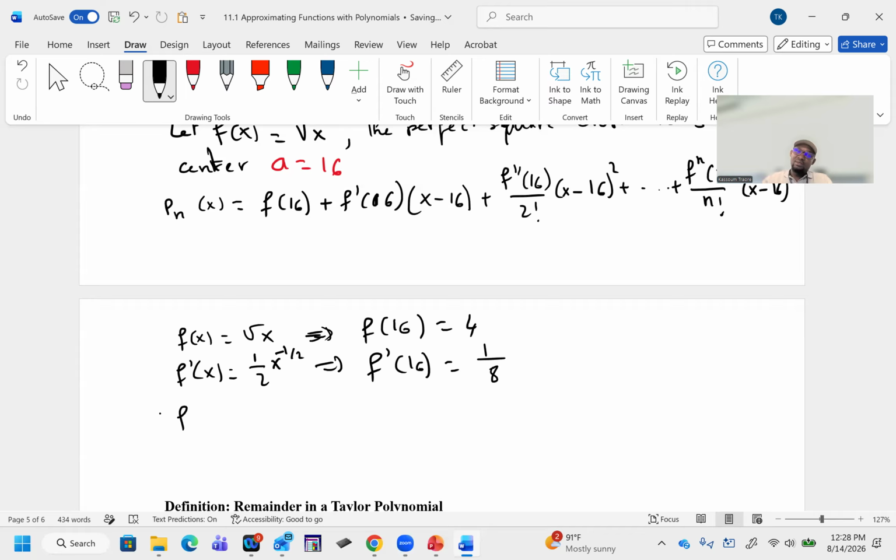Then the second derivative of f will be negative 1 divided by 4, x to the power of negative 3 divided by 2.